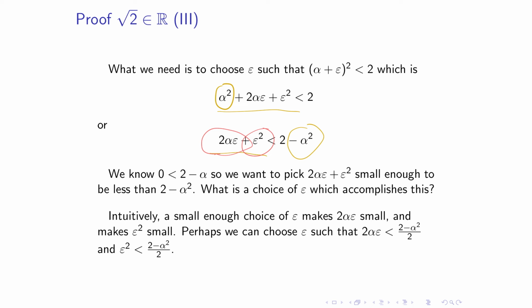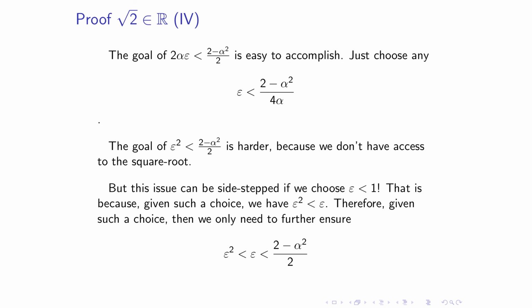So that would effectively mean that the first term, 2 alpha epsilon, should be smaller than half of the target quantity, and also that the second term, epsilon squared, would be less than half of the target quantity. Now, the first one is really easy to accomplish. After all, alpha is a positive quantity, and that is something you can prove, but it is easy enough to prove that I won't do that here.